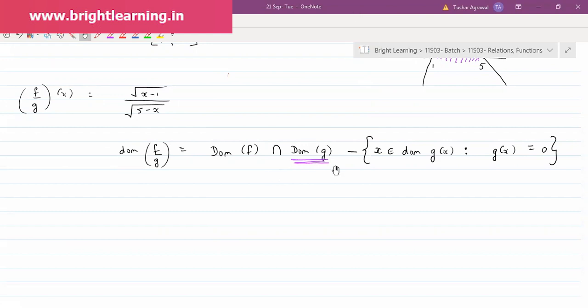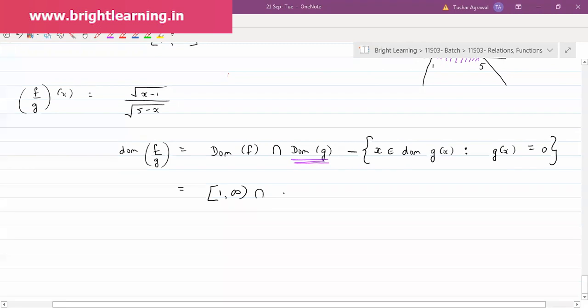So right now we do not want the pre-images where the image is 0. So here it is 1 to infinity intersection negative infinity to 5 closed. Now subtract some points from the domain of G where G of x becomes 0.